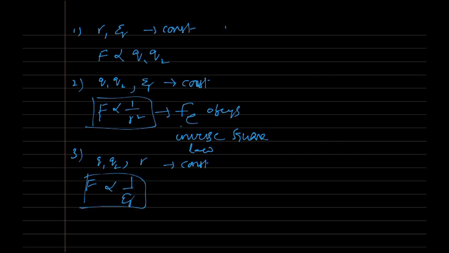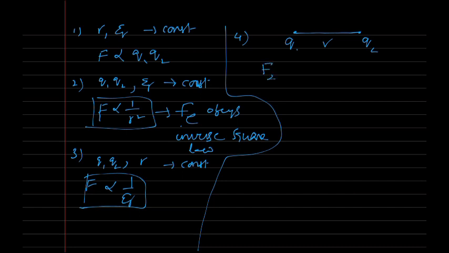Now let us go to the next relation. I'm considering two charges here, q1, q2, and these two are separated by distance r. Now the force on 2 due to 1 acts towards the right, because there exists repulsion.